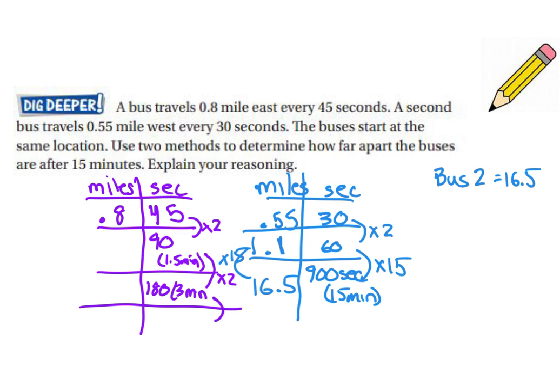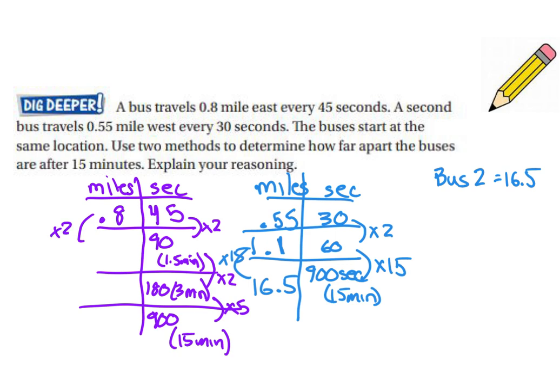And now if I multiply 3 minutes times 5, 180 times 5 is 900, which is my 15 minutes. So now I again have my blueprint. I'm going to multiply by 2 again, and then multiply by 5.